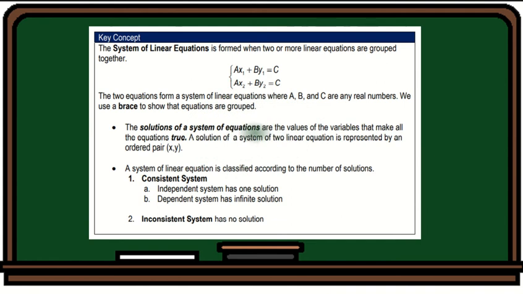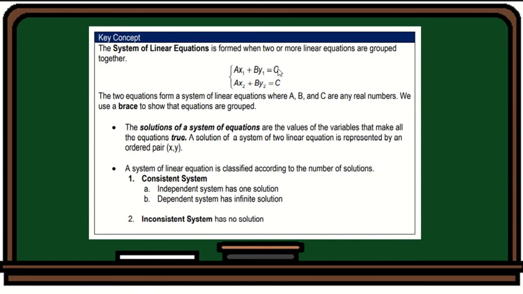So let's have first the key concept, or let's define first what is a system of linear equations. A system of linear equations is formed when two or more linear equations are grouped together. The two equations form a system of linear equations where a, b, and c are any real numbers. We use the brace to show that the equations are grouped. So in this case, we have an example of a system of linear equations.